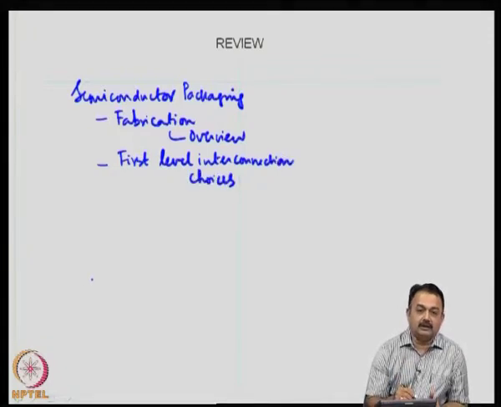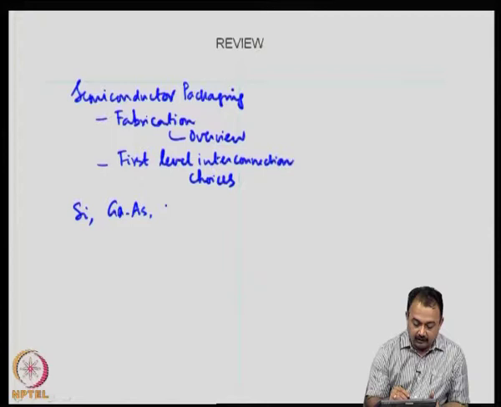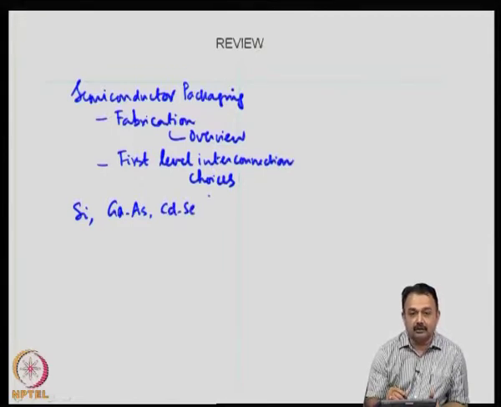So, in the last class we basically touched upon the fundamentals of the building blocks of semiconductors. We talked about silicon and some compound semiconductors like gallium arsenide, then other compound semiconductors like cadmium selenide and so on.